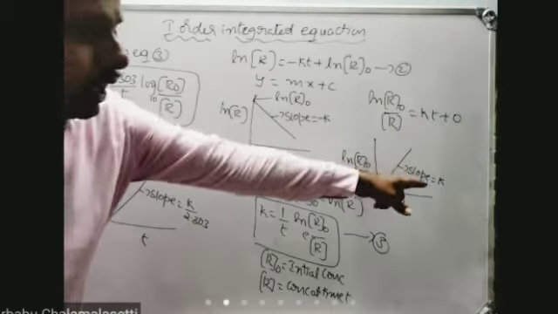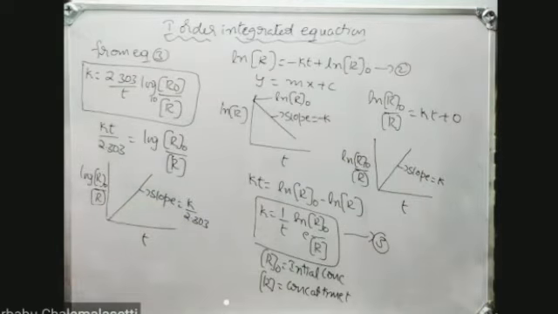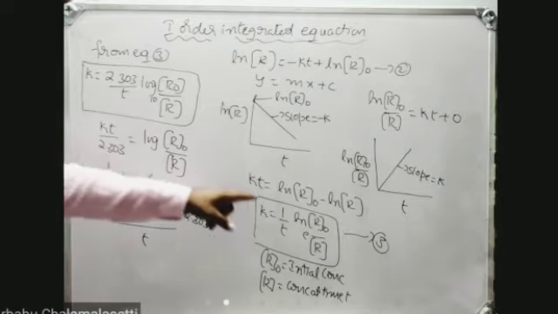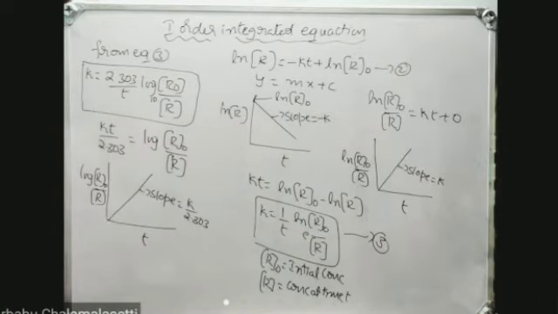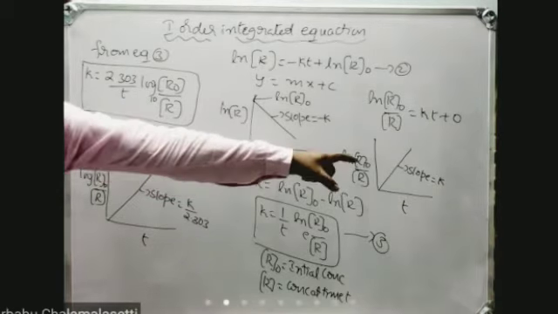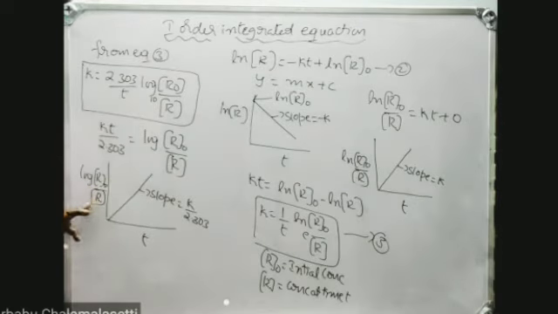With ln the slope is k, and with log the slope is k by 2.303, because here it is logarithms to base 10 and there it is base e. So while answering MCQs, you have to be careful whether the graph is given between log or ln.